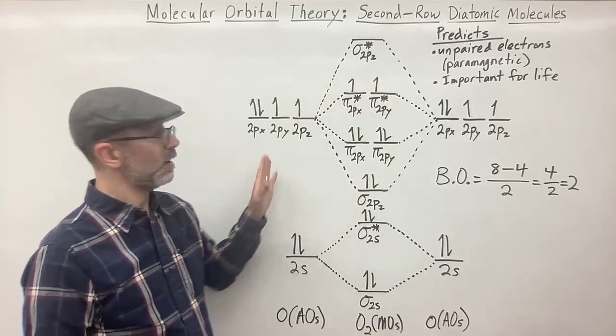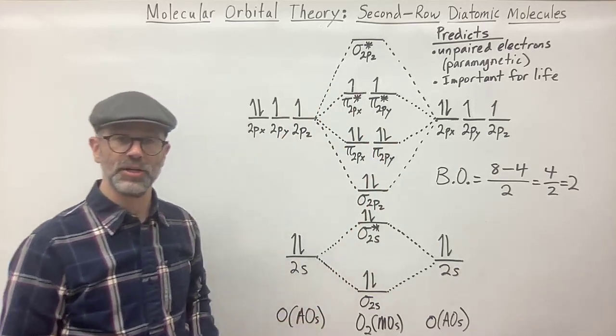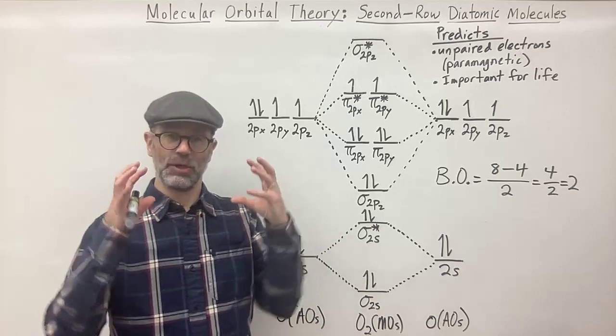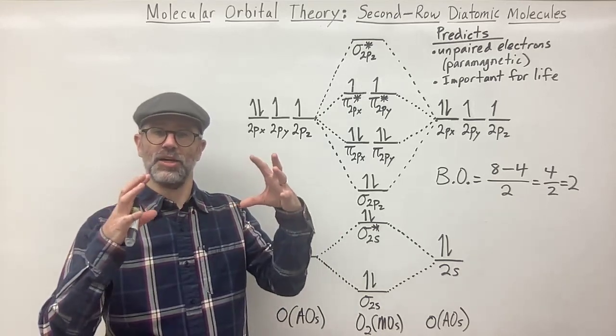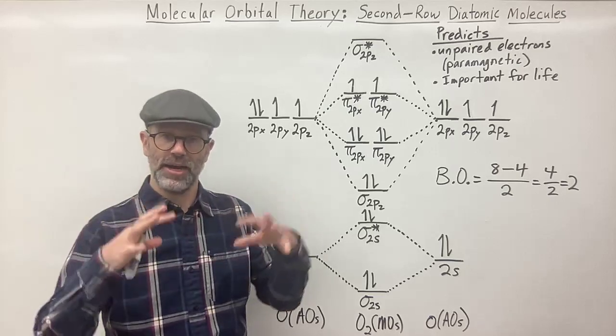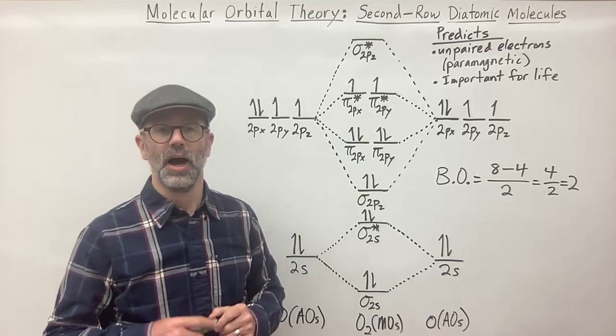So we do see oxygen molecules having magnetic properties. You can actually suspend liquid oxygen between two magnets, and you can let it boil off and vaporize while it's suspended in air between those two magnets.